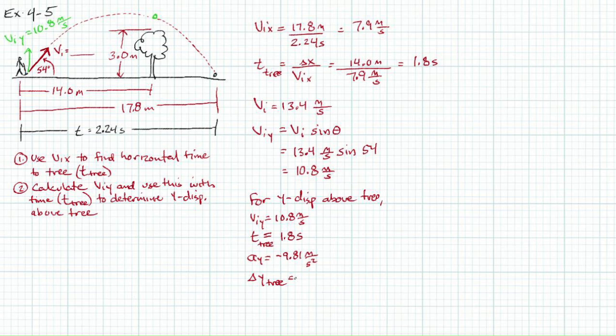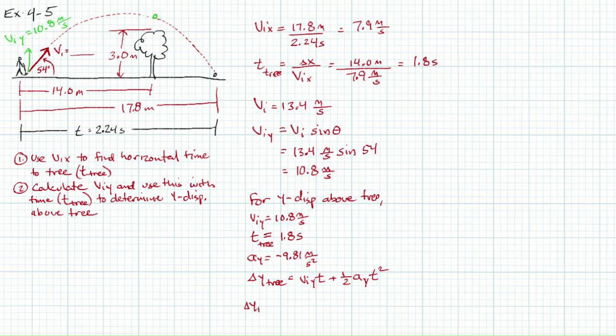So what is that? Do we have any equations for displacement in the y direction? Yes, we do. Displacement is initial velocity, in this case in the y direction, times time, plus 1/2 times acceleration in the y direction times time squared. We have all these other values up here, so it should be very easy to solve for our displacement at the tree.